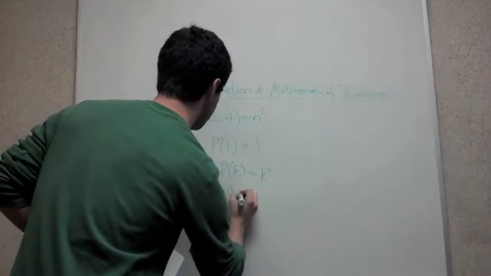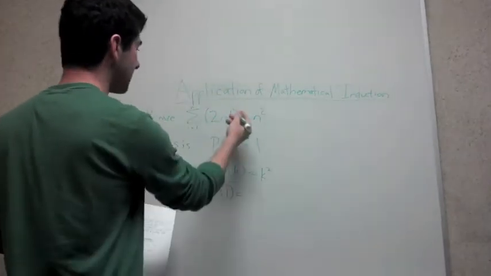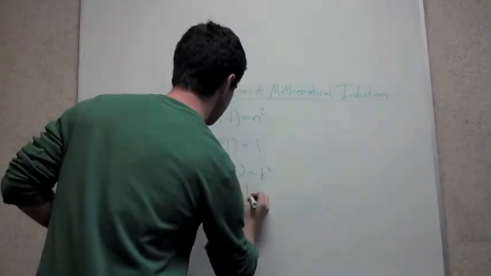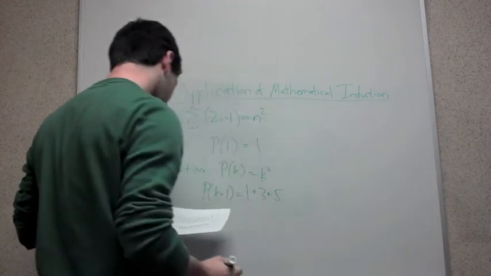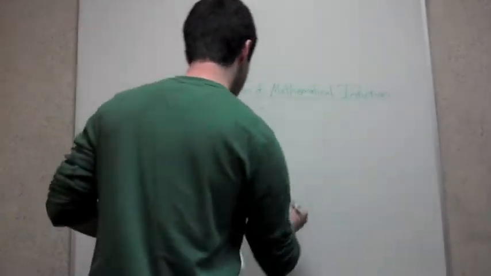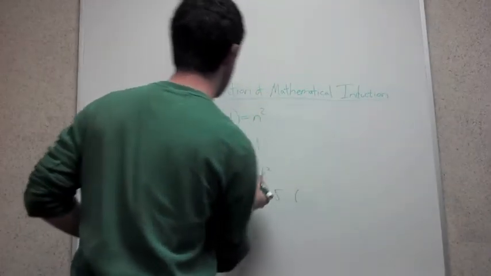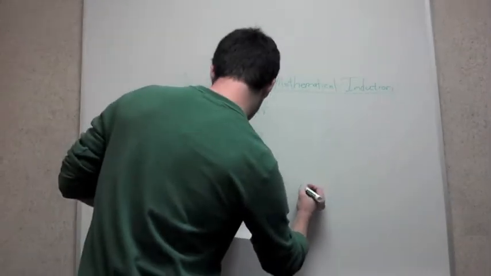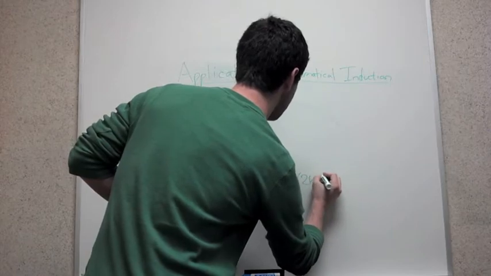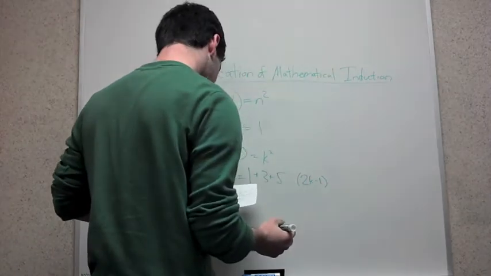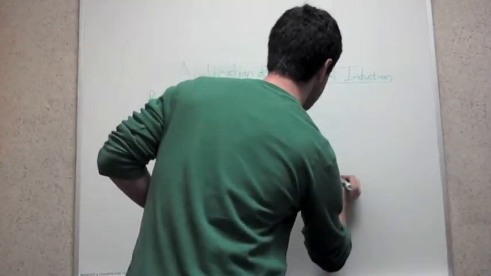So, p of k plus 1 is the sum of all odd integers. So it would be 1 plus 3 plus 5, all the way to our term. The previous term would be k, which would be expressed as an odd integer as 2k minus 1, plus our term right here, 2k plus 1.